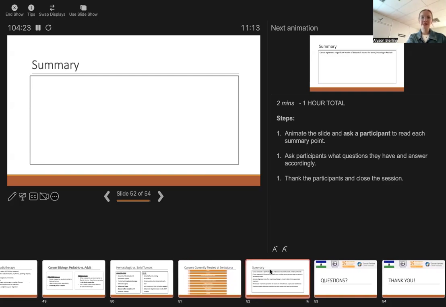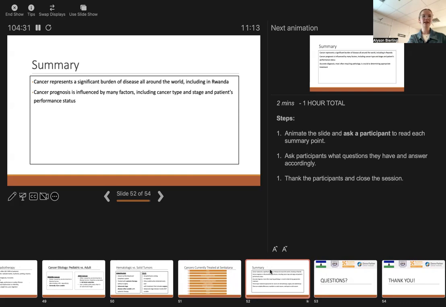All right, so just quickly in summary, cancer represents a significant burden of disease all around the world, including Lesotho. Prognosis is influenced by many factors, including the type of cancer, the stage of cancer, and the patient's performance status.